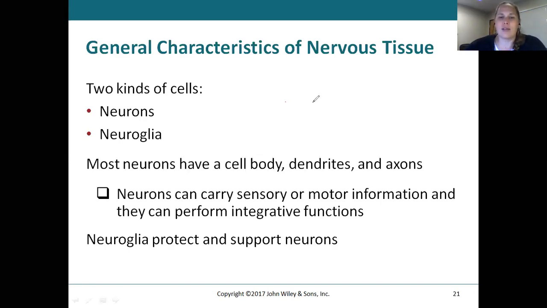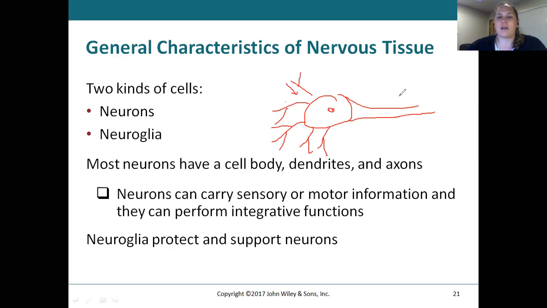They have dendrites that extend off of them. Dendrites look like branches on a tree. Those branches are reaching out, looking for chemical messages from other cells, inputting all of that message to the cell body, and then that message gets sent down the axon, and the axon is right here.